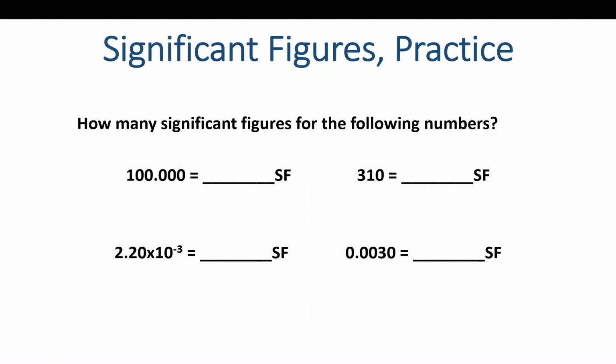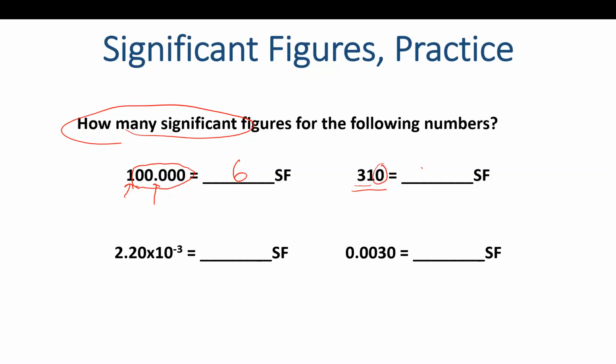Now for the next exercise, how many significant figures in what I have? Okay, so a lot of people might make the mistake, oh, there's only one because of that one. But remember, all of these trailing zeros, they're going to be significant in count. Why? There's a decimal. So I actually have 6 sig figs here. Now if I go over to this problem, these two non-zero digits count, but what about this trailing zero?